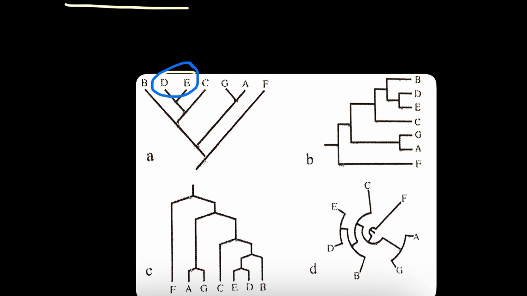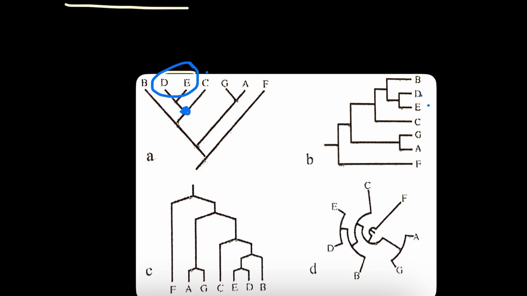Now, D and E branched off from the common ancestor with C. So D, E, and C share a common ancestor by this node here. What about here?